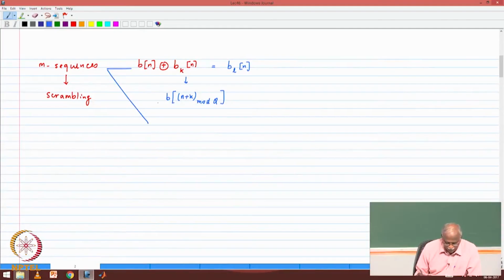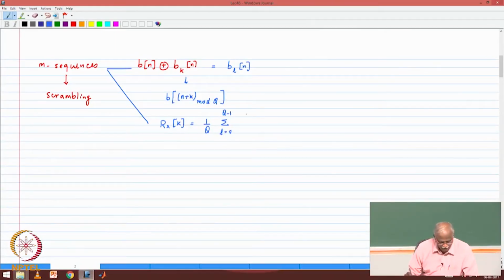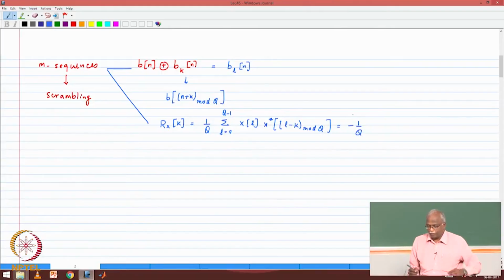Another very useful property of the M sequence is the cyclic correlation. Rx of k is defined as 1 over q, summation L equals 0 through q minus 1, x of L times x star of L minus k mod q, and we showed that this is minus 1 by q using the shift property.